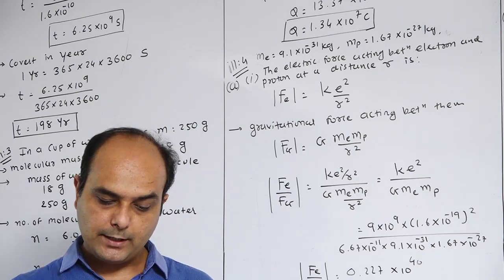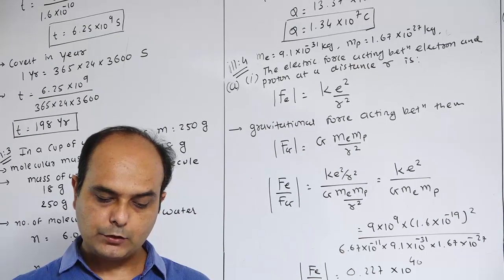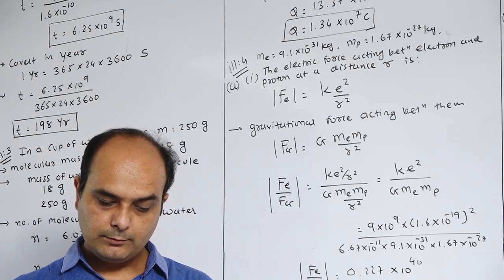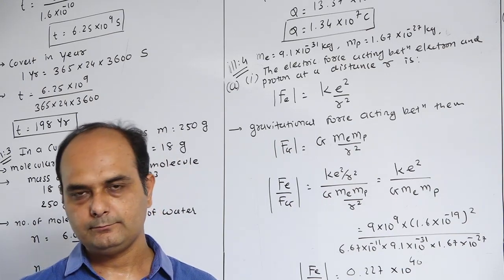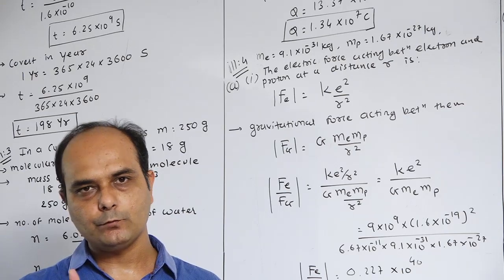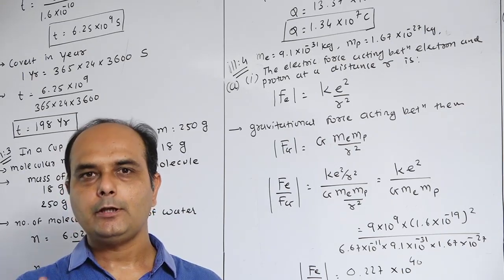First, question A: compare the strength of these two forces by determining the ratio of their magnitudes for an electron and proton, and second, for two protons. Determine the ratio of electrical force to gravitational force for an electron and proton and between the two protons.